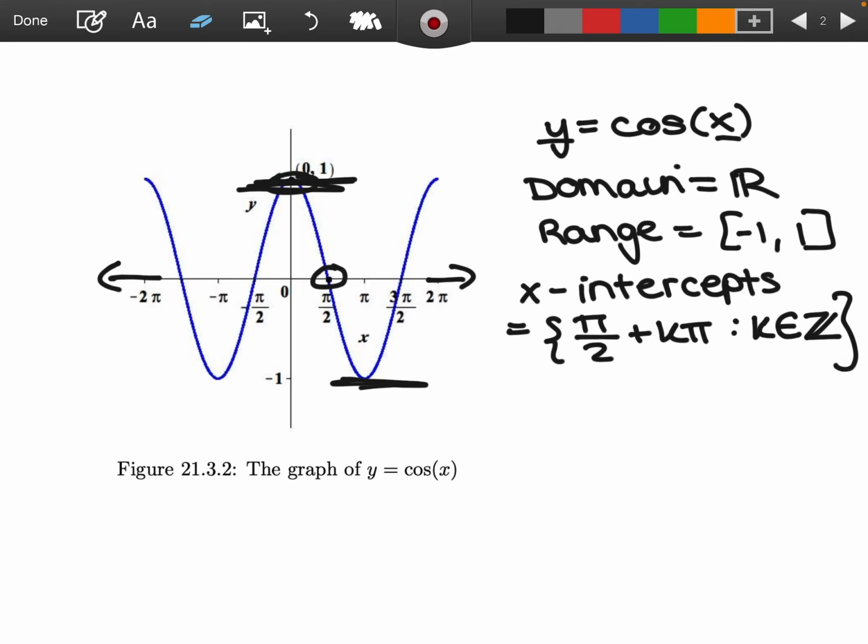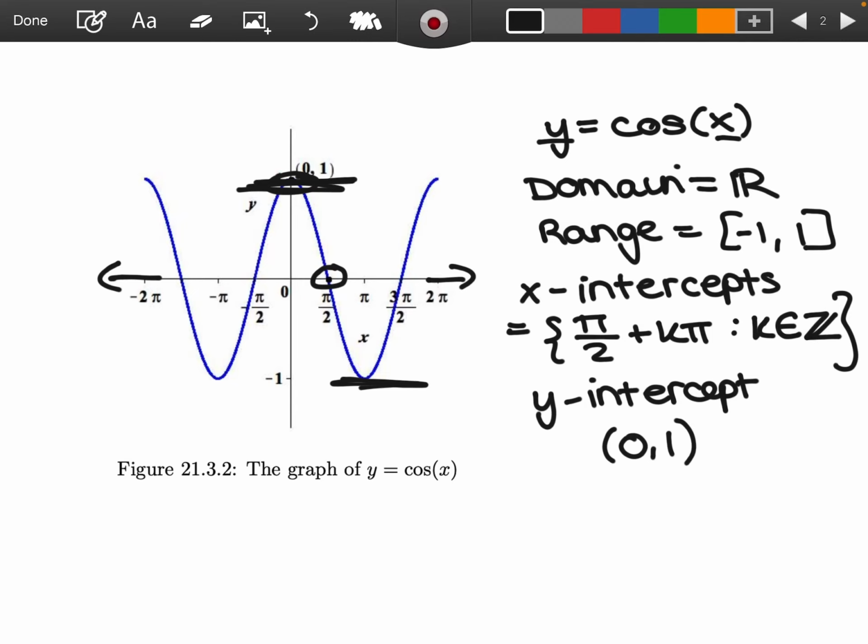Where we cross the x-axis is at pi over 2, 3 pi over 2, 5 pi over 2, 7 pi over 2, etc. And same in the negative direction. They are all odd multiples of pi over 2. So the way that we write that is pi over 2 plus multiples of pi. If I take pi over 2 and I add pi, I get 3 pi over 2. If I add another pi, I get 5 pi over 2, etc. So the way of writing odd multiples of pi over 2 is actually by writing it as this set. Pi over 2 plus integer multiples of pi, okay, where k is just that integer value.